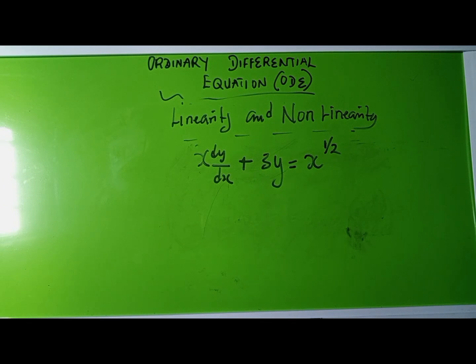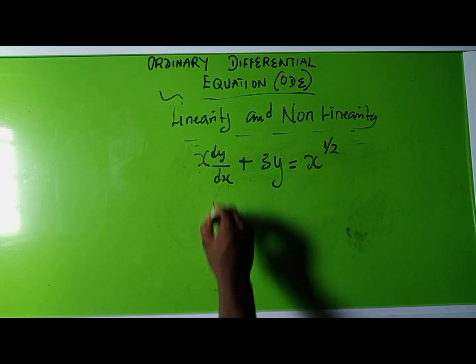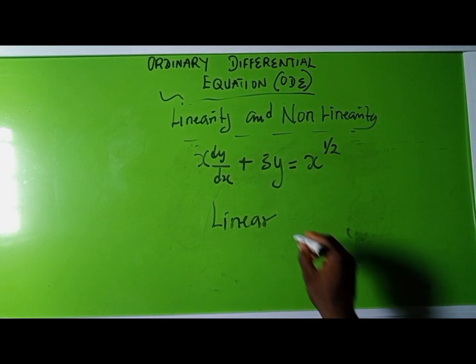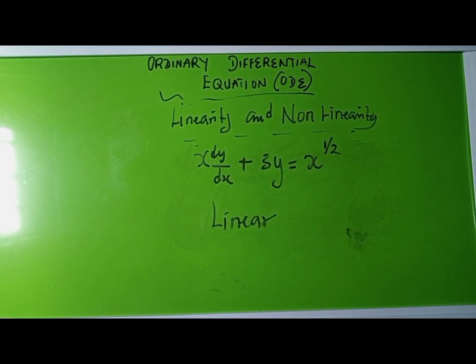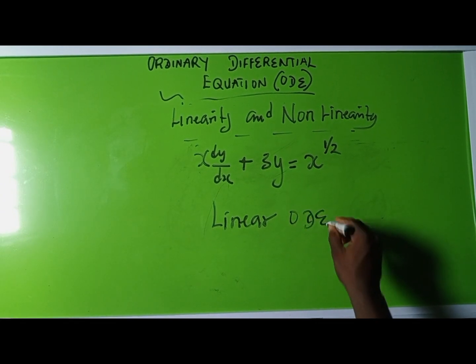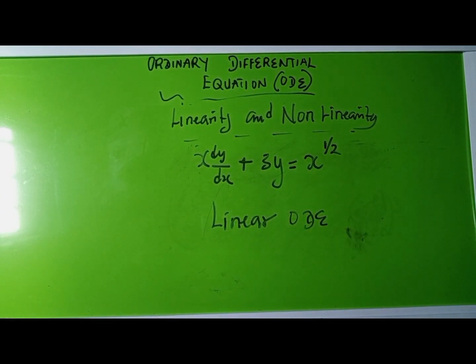Now, for the second one, the derivative is given and your dependent variable in your equation is in the first degree. So your equation is linear. So we have a linear ODE.